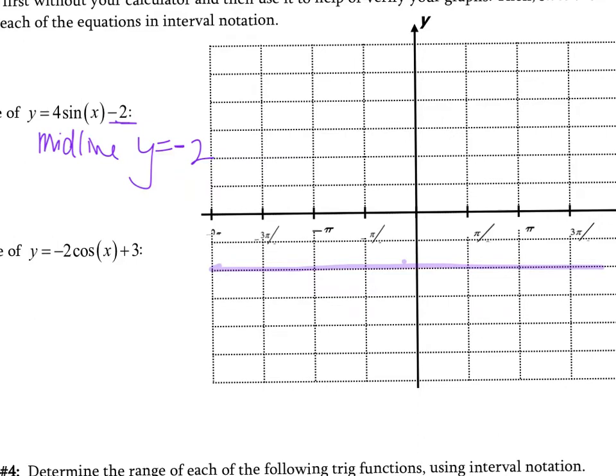My amplitude is 4, meaning I'm going to go 4 above and 4 below the midline. And it's a sine curve. So I'm going to plot my points first, and I think I'm going to have to move this over just a tiny bit.